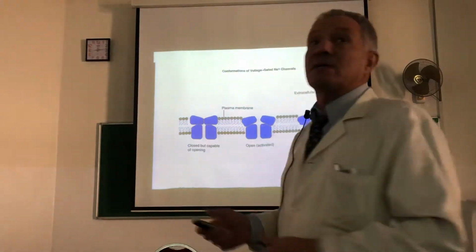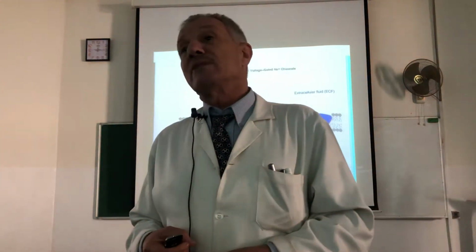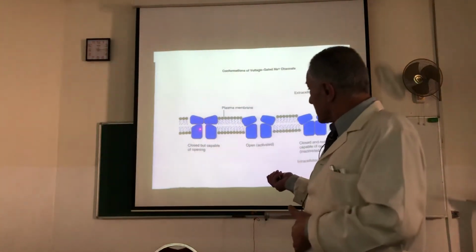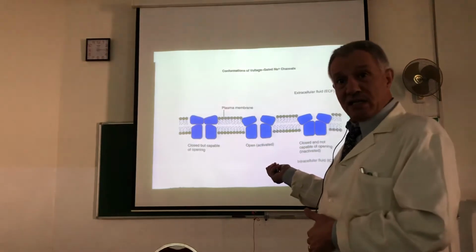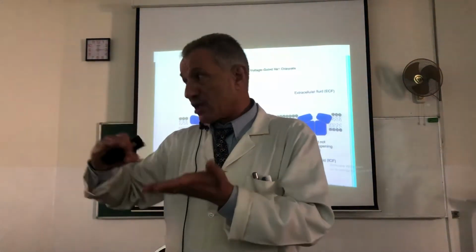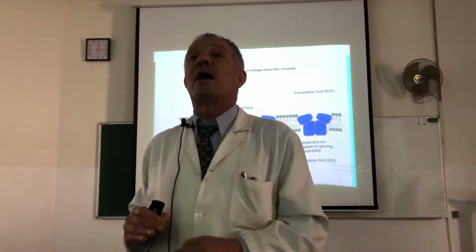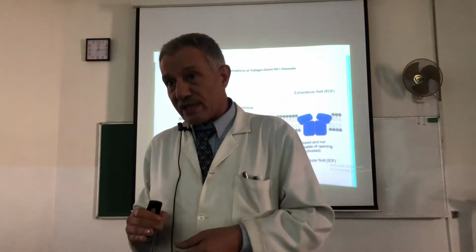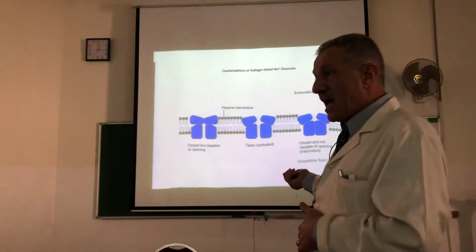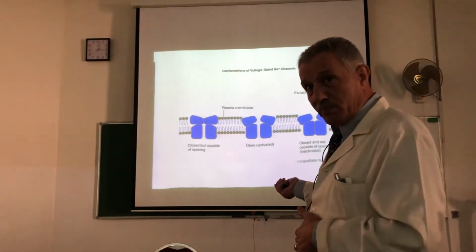We said we have sodium channels involved and potassium channels involved. But if you are looking at the activity of sodium channels, we can find them in 3 states. The first state is during resting potential and during depolarization until reaching the threshold. We are talking here about the voltage-gated channels. They can be found in the state of closed and capable of opening.